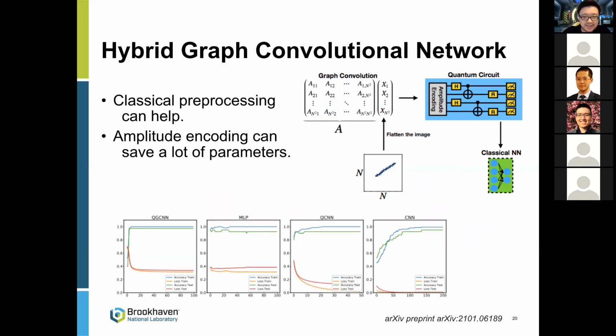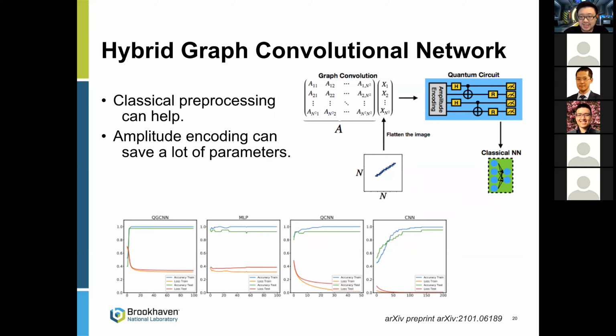Another implementation is that we can use certain kinds of classical preprocessing to help us reduce the dimension of the classical vectors. For example, in this work, a classical graph convolutional matrix is used to pre-process very sparse images from physics experiments.